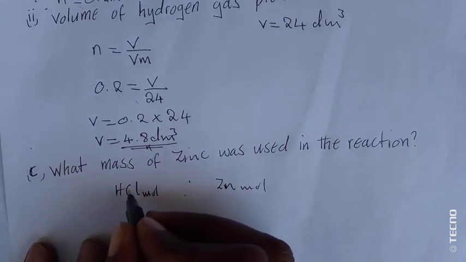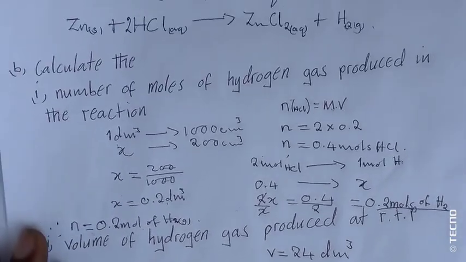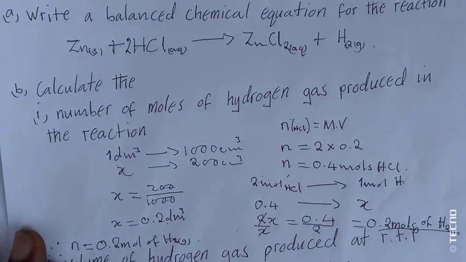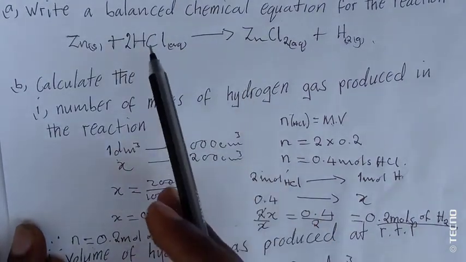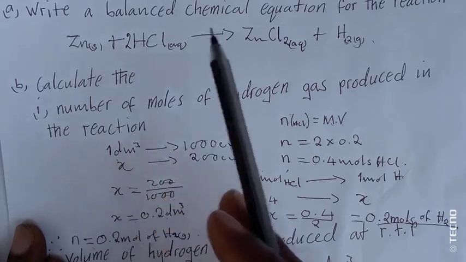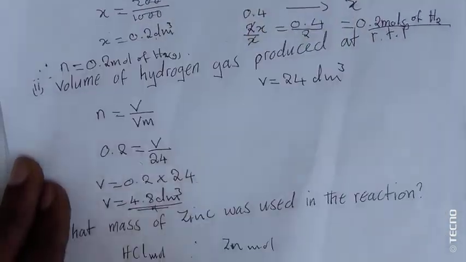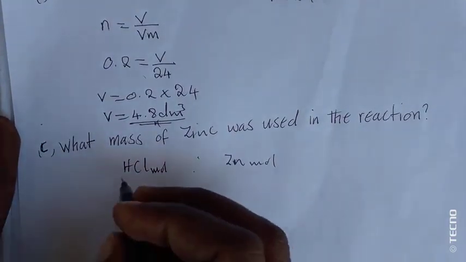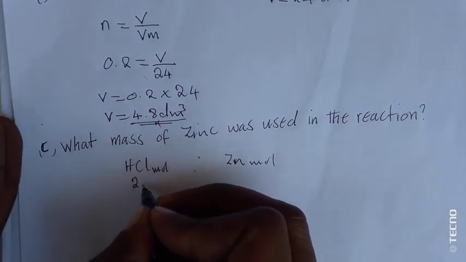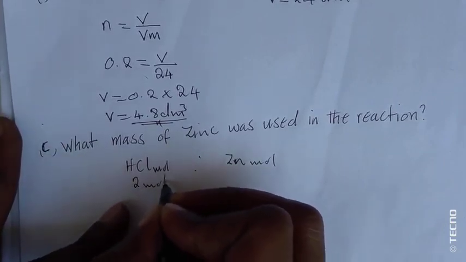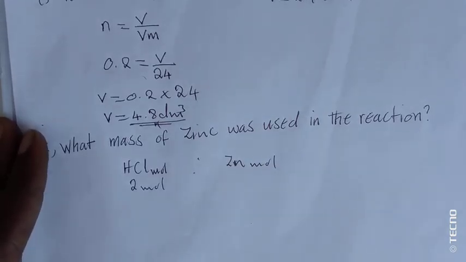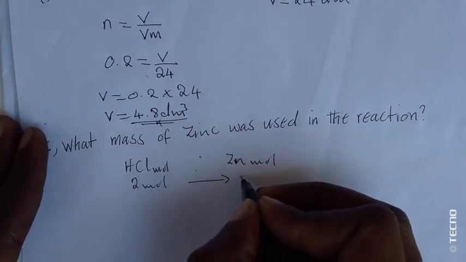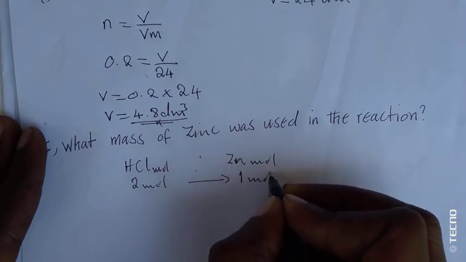From this equation we know the coefficient of zinc is just 1, and the coefficient of hydrochloric acid is 2. So having that information, we can say that 2 moles of hydrochloric acid is equivalent to 1 mole of zinc.